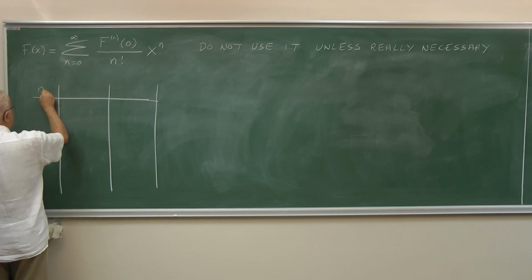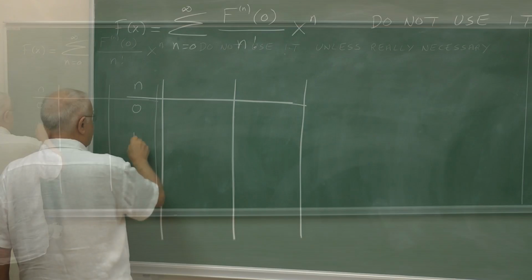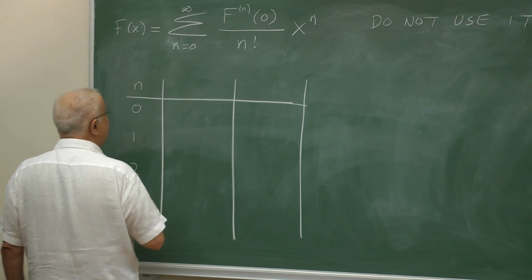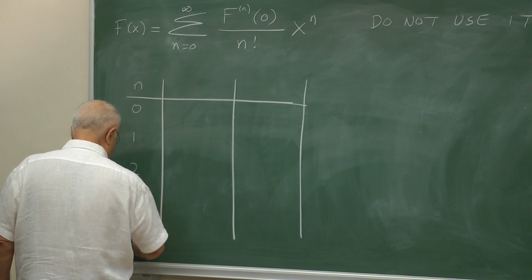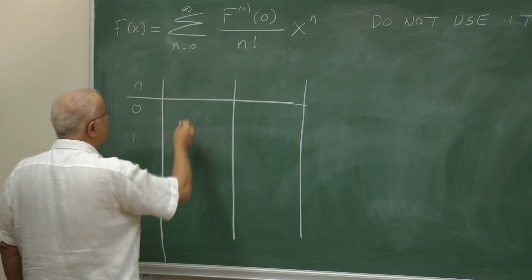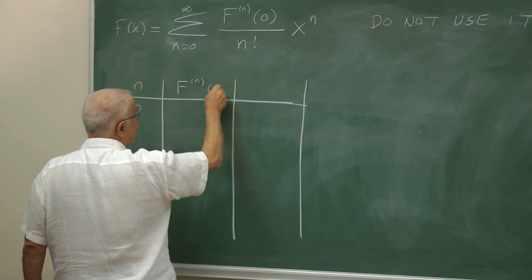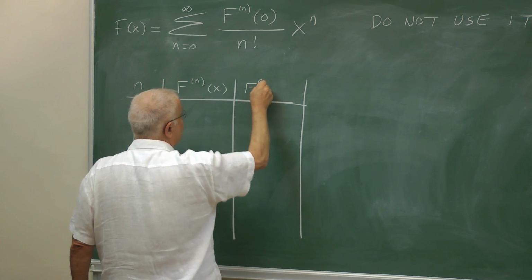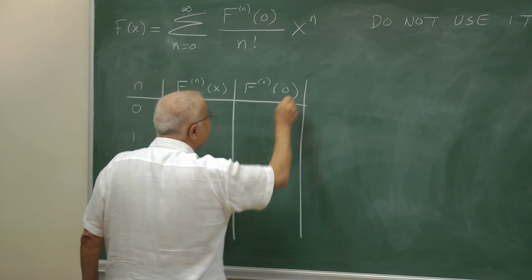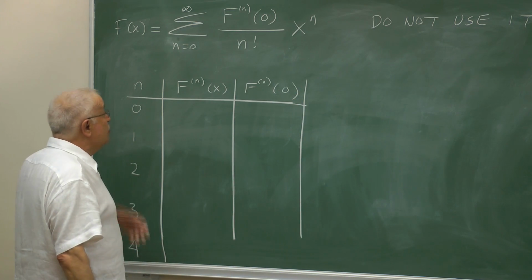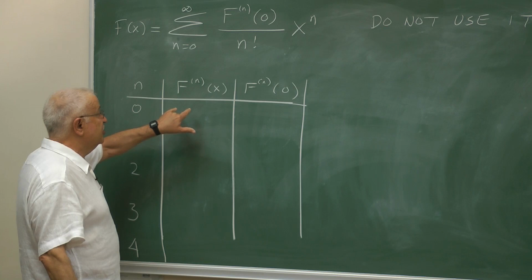Here we should have n, and we should start with 0, 1, 2, 3, and 4, let's say. And here we should have the nth derivative of x, and here we should have the nth derivative evaluated at 0. Now, the function that we are expanding is right here.